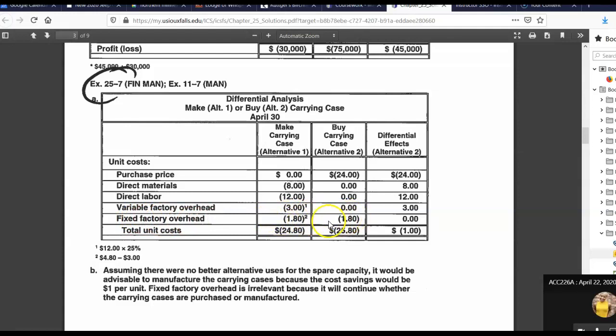You don't need the $1.80 in both columns because it's essentially even, makes no difference, or you must include them in both. So you have two alternatives. You either include them in both or you exclude them in both, and you will still get to the same dollar difference. So in this case, it was less money to make them versus buy them.